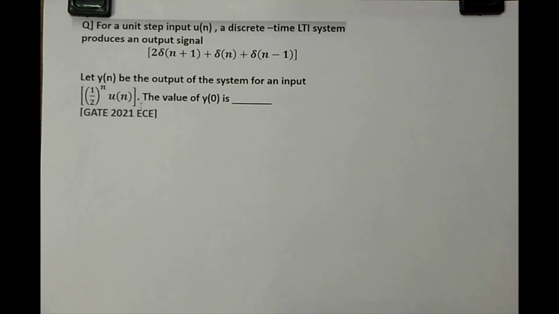Now I'll say another problem given in 2021. For a unit step input u of n, a discrete time LTI system produces an output signal 2 into delta of n plus 1 plus delta of n plus delta of n minus 1. Let y of n be the output of the system for an input half power n u of n, the value of y of 0 is. Here in the problem there are two parts.